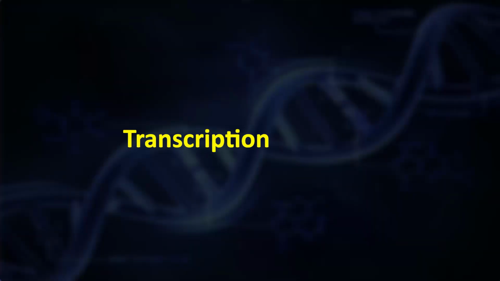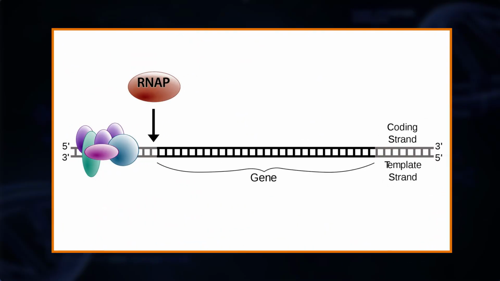Dear students, let's now talk about the transcription initiation. The first step in transcription is initiation, when the RNA polymerase binds to the DNA upstream, that is 5' of the gene, at a specialized sequence called a promoter. In bacteria, promoters are usually composed of 3 sequence elements, whereas in eukaryotes there are as many as 7 elements.